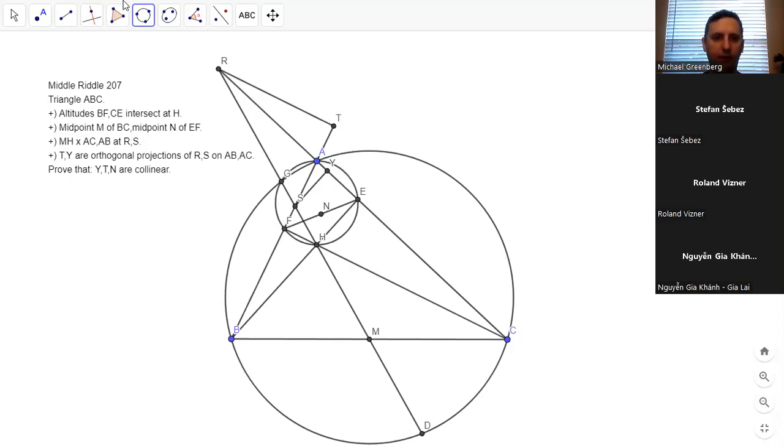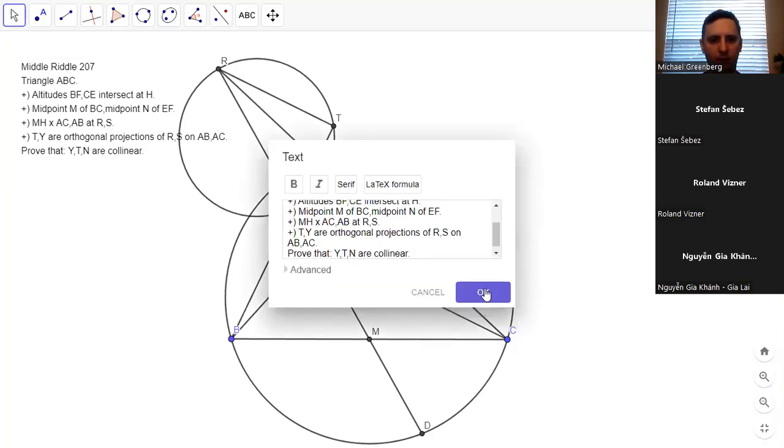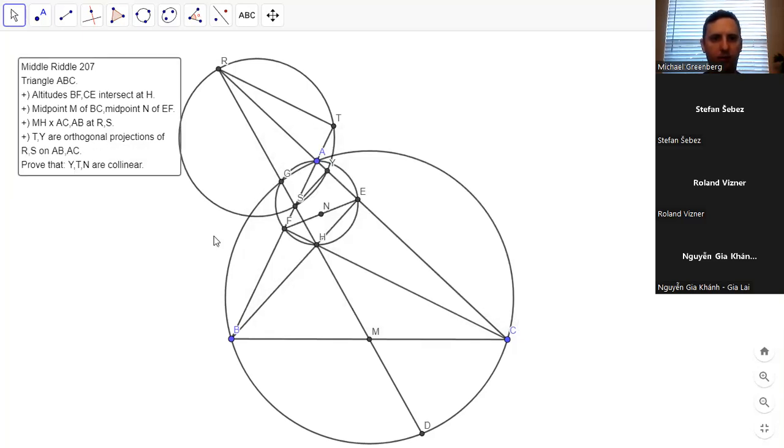We know this is a cyclic quadrilateral, so maybe it's worth drawing that. This is 90 and that's 90. Just move this down a line. There we go.